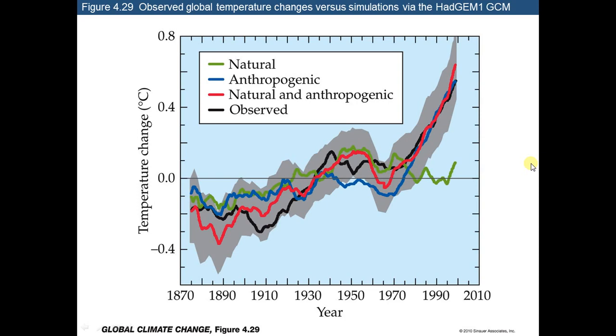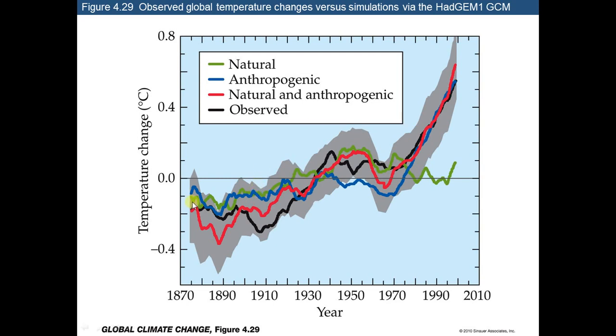Now, can the climate models show that? Well, let's first of all run the climate models using only natural forcing factors, such as changes in solar radiance and volcanic eruptions. And what do we see?